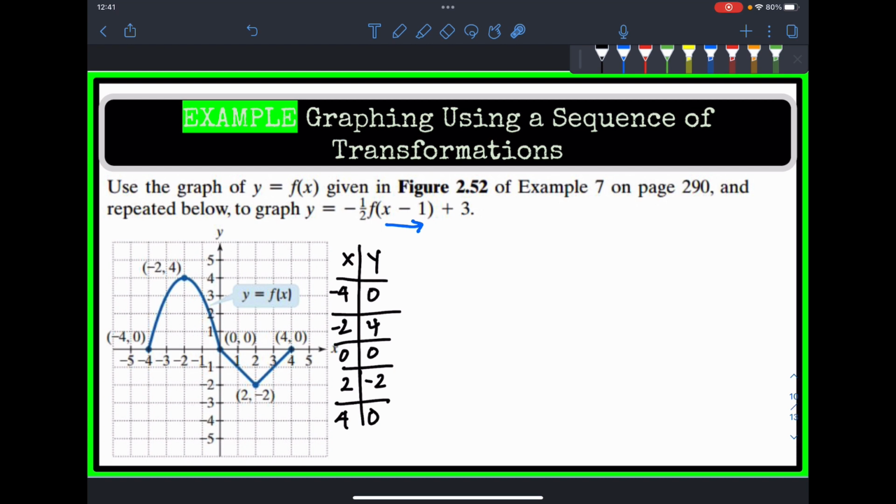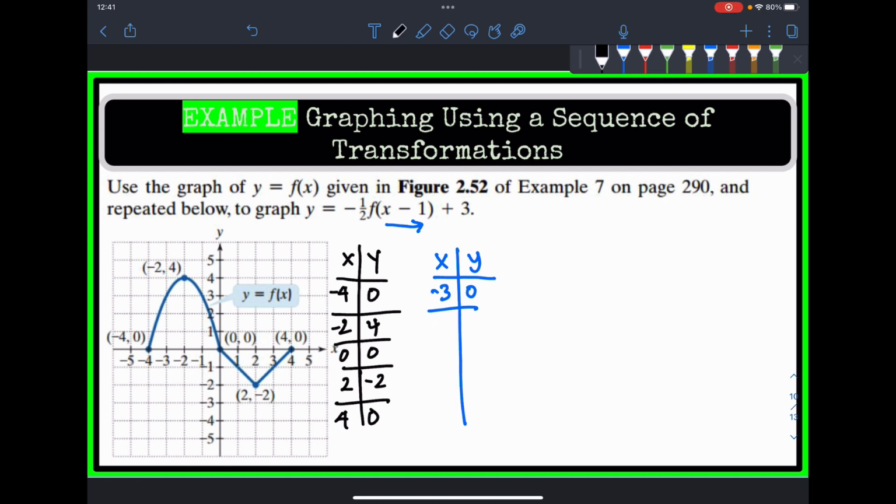That's going to shift each point 1 unit to the right. So negative 4, 0, 1 unit to the right is at negative 3, 0. Negative 2, 4 is negative 1, 4.